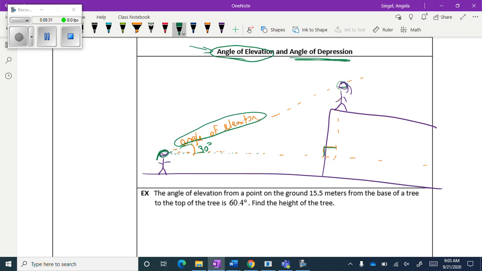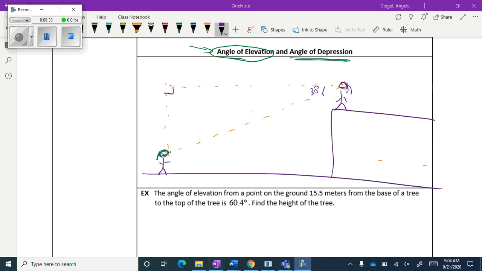So we'll talk about that in a second. Okay, so this is an angle of depression. So again, just like I was looking straight ahead versus looking up at an angle of 30 degrees, my student is looking straight ahead versus down at an angle of 30 degrees. So my angle of elevation is the same as their angle of depression.